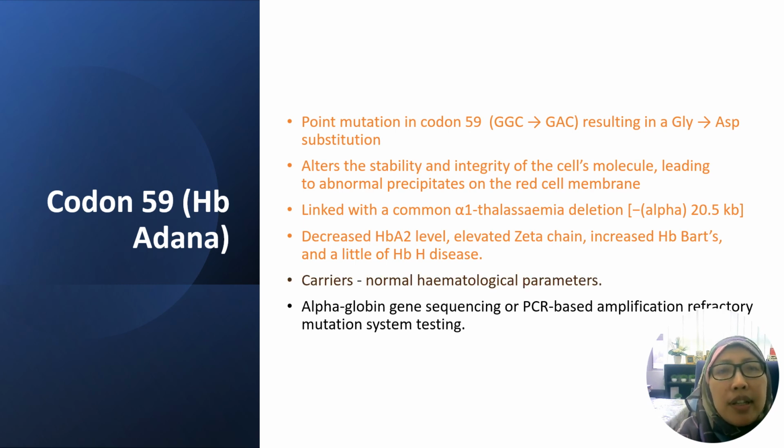The investigation of hemoglobin Adana is very difficult because the carriers may have normal hematological parameters. Hemoglobin Adana can be detected in the laboratory by alpha-globin gene sequencing or PCR-based amplification refractory mutation system testing.